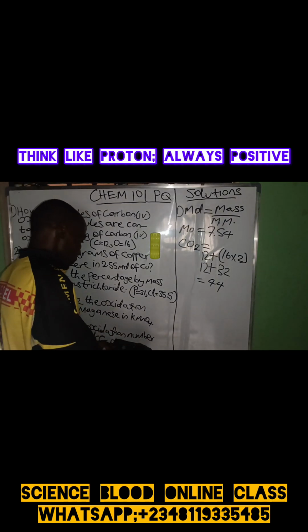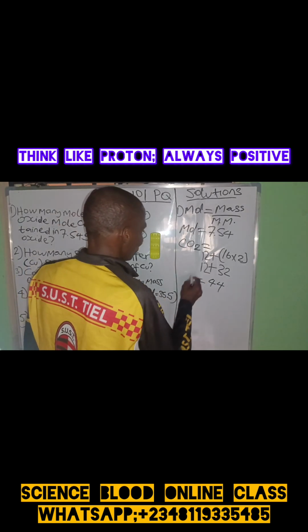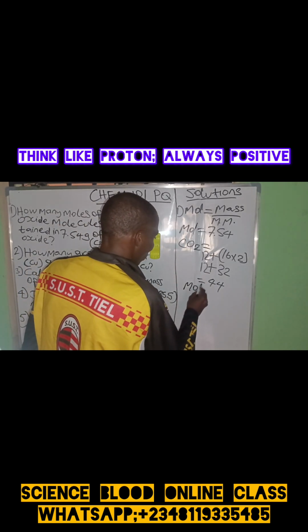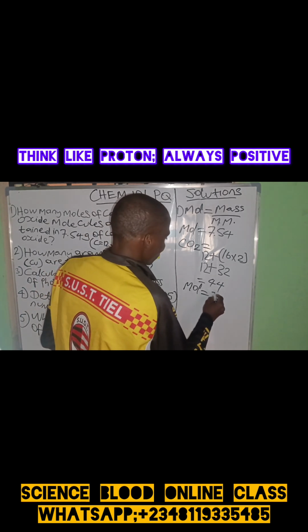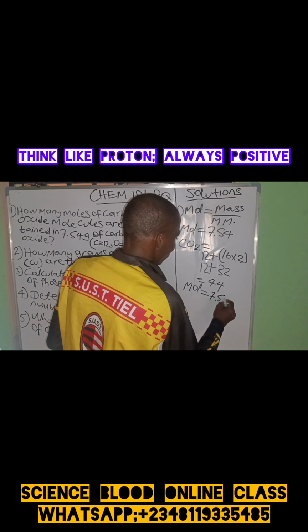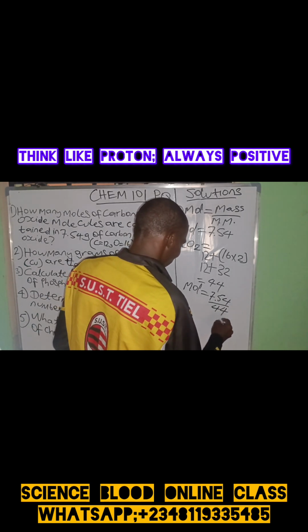Okay, let us go back to our initial equation, which says moles equals 7.54 all over 44.